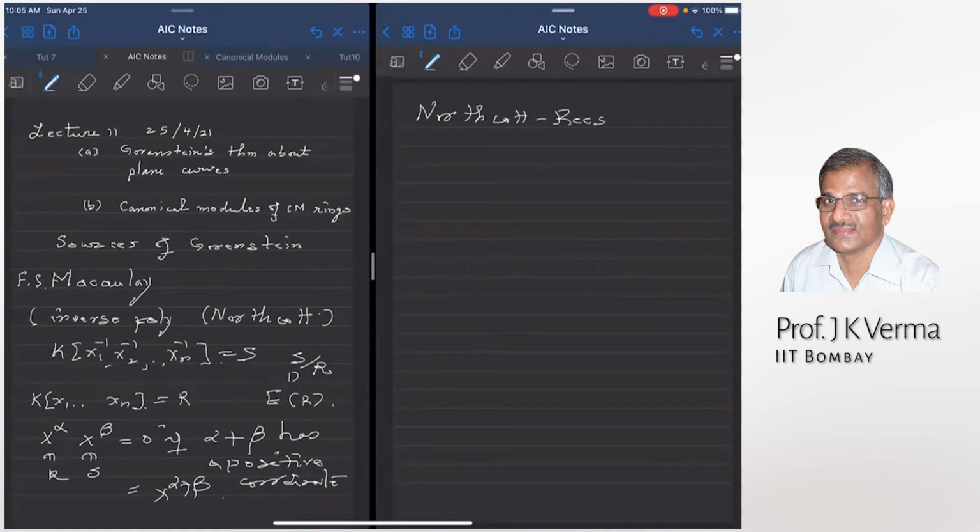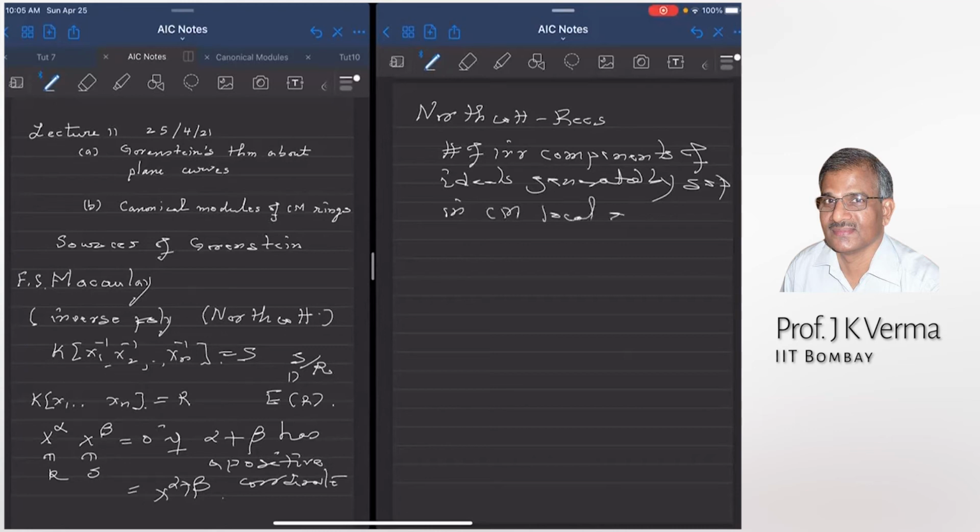They were investigating the number of irreducible components of ideals generated by a system of parameters in Cohen-Macaulay local rings, and they linked it with the dimension of the socle.